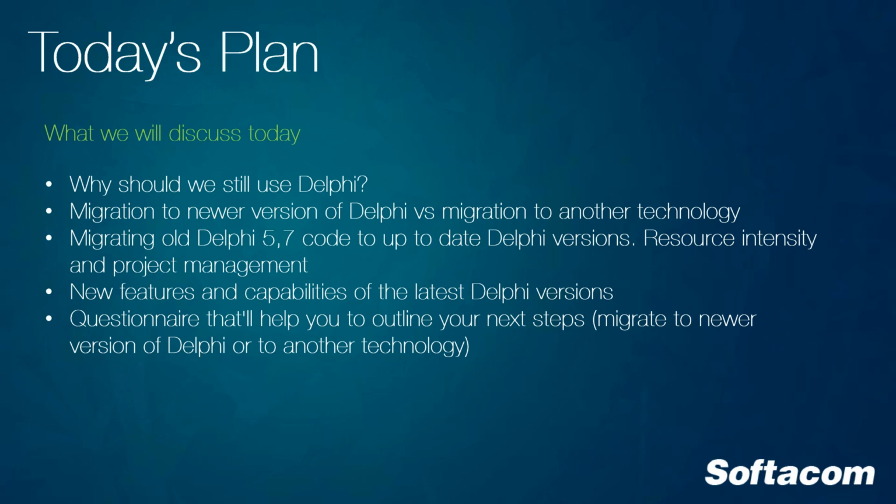And at the end, I prepared some questionnaires that will help somebody make a final decision about what to do: for example, migrate to a new Delphi version, or select some intermediate solution, or maybe even select something totally different.